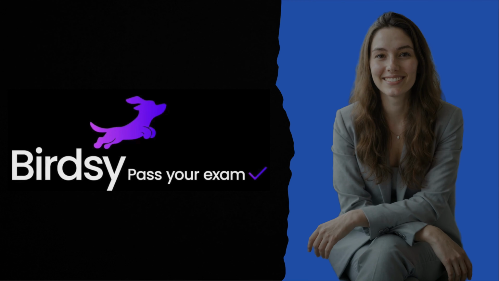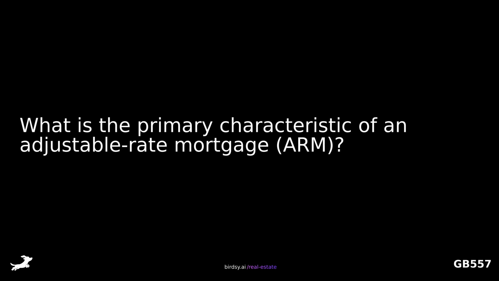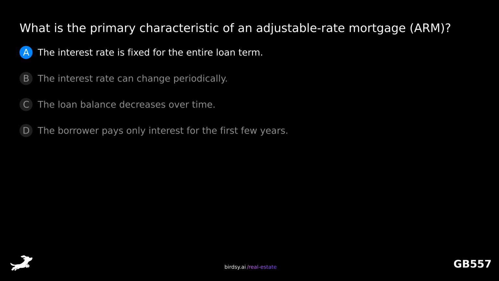Let's go. What is the primary characteristic of an adjustable rate mortgage, ARM? Is it A, the interest rate is fixed for the entire loan term, B, the interest rate can change periodically, C, the loan balance decreases over time, or D, the borrower pays only interest for the first few years?